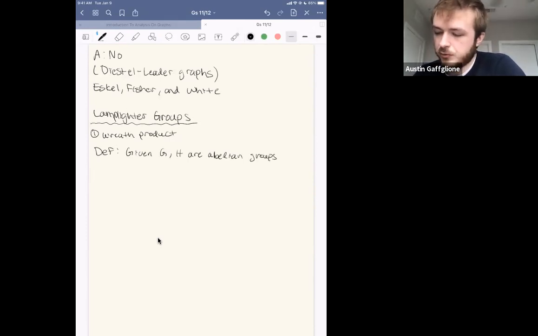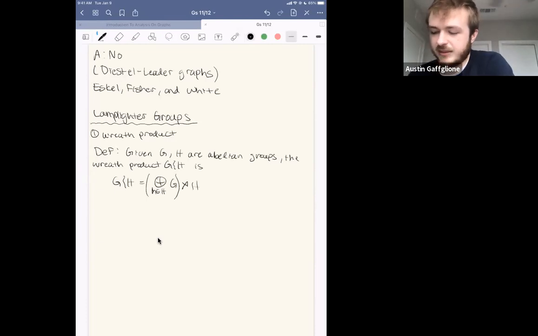So given two abelian groups G and H, the wreath product G wr H is the direct sum, indexed by elements of H, of copies of G, and it's a semi-direct product with H. In a very weak sense, this is the idea of exponentiation with groups. I can think of this as G raised to the H.